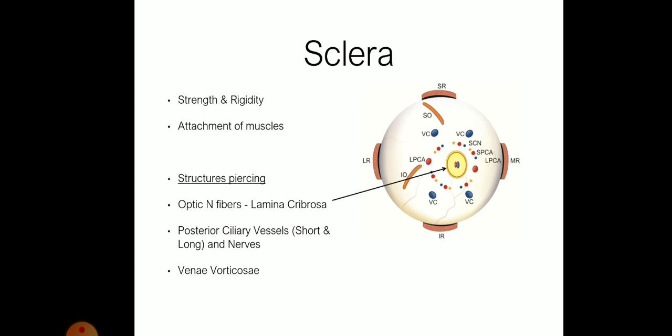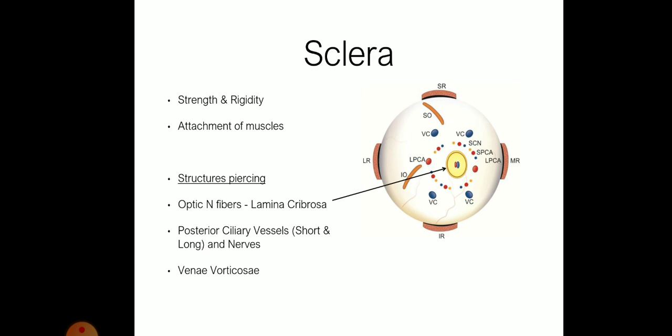Here it is marked as VC. These veins come out piercing the sclera around the equator. They are named the venae vorticosae, which will drain into the superior and inferior ophthalmic veins, the veins of the orbit.